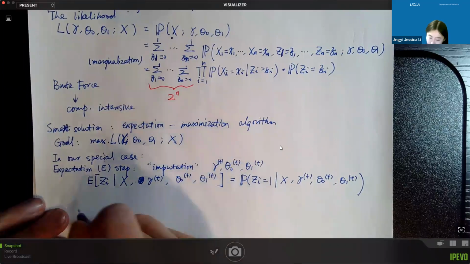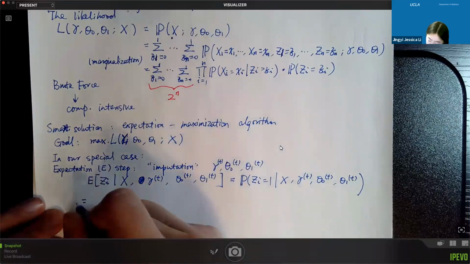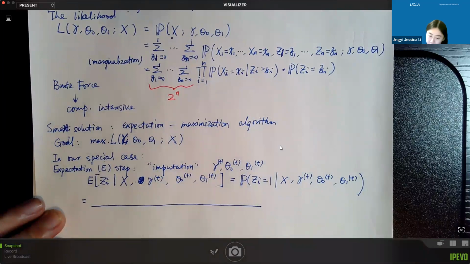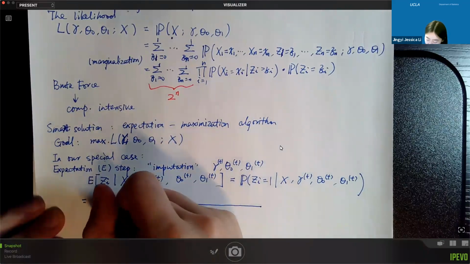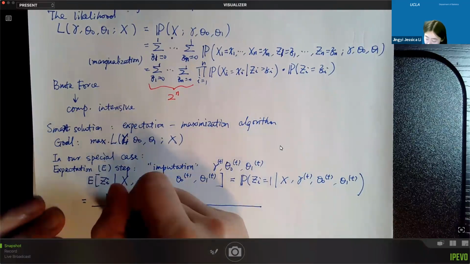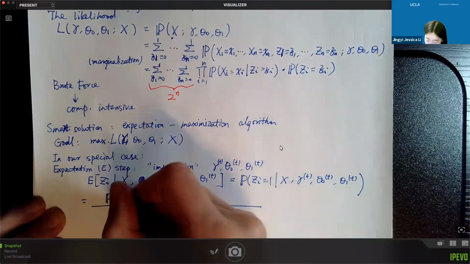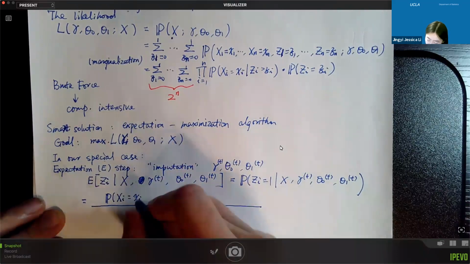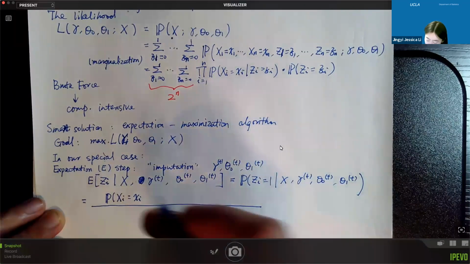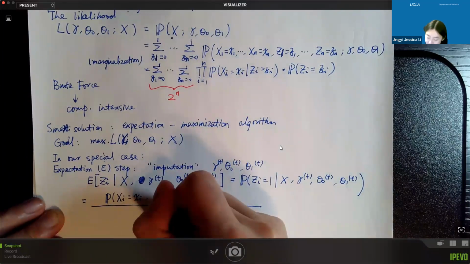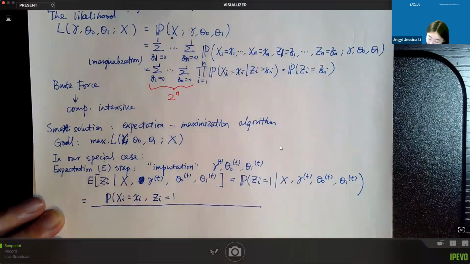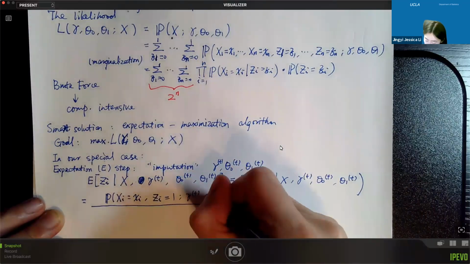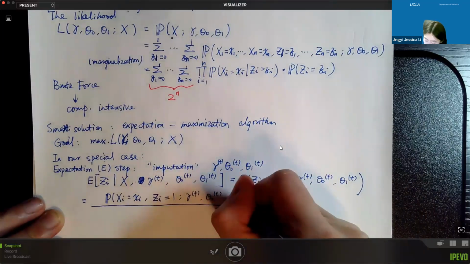So therefore, I can write this as follows. In the numerator, I'm going to have the probability of xi given Zi takes value 1, times the probability Zi takes value 1, given the current parameter values, gamma t, theta 0t, and theta 1t.